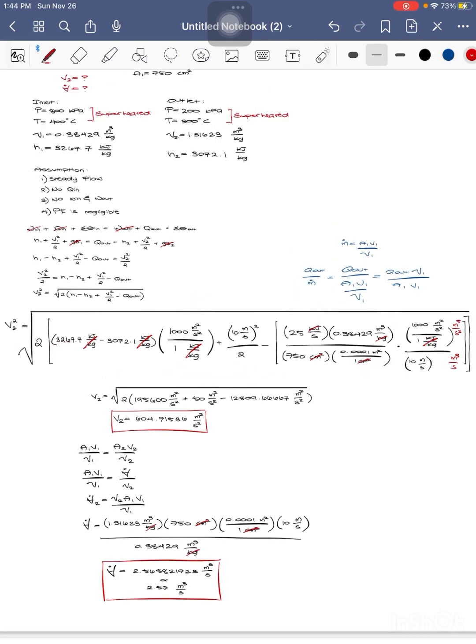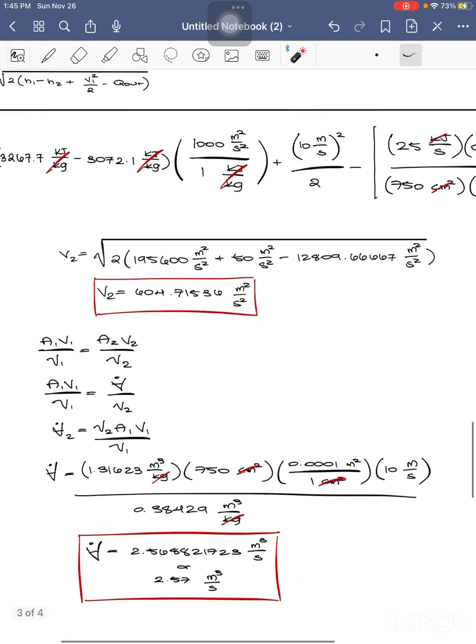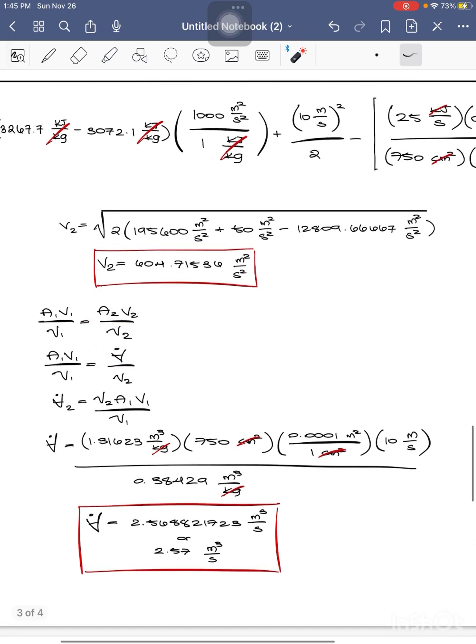For the volume flow rate, I use the equation of mass flow rate again, and change the A sub 2 and V sub 2 into volume flow rate, which leaves us with this equation.